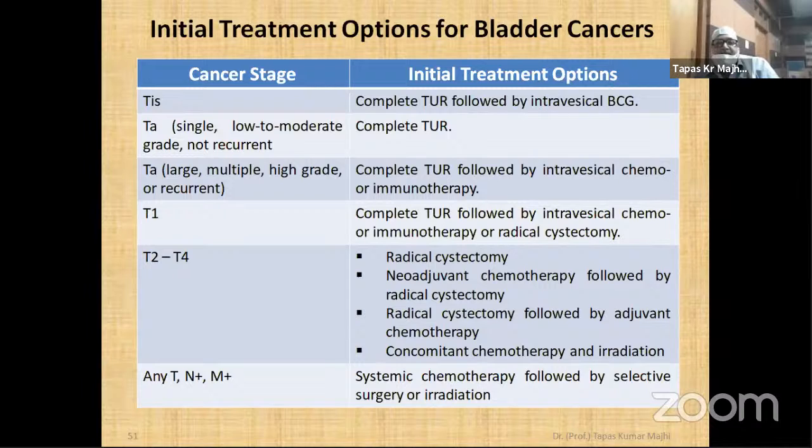T2 to T4: radical cystectomy, or neoadjuvant chemotherapy followed by radical cystectomy followed by adjuvant chemotherapy, or concomitant chemotherapy and irradiation. N plus, M plus: systemic chemotherapy followed by selective surgery or irradiation.